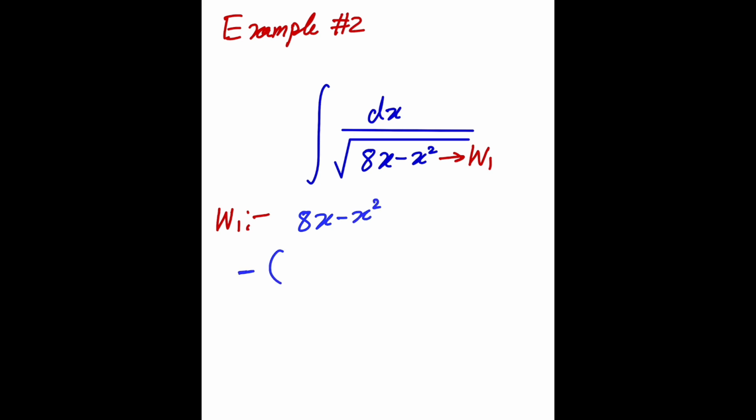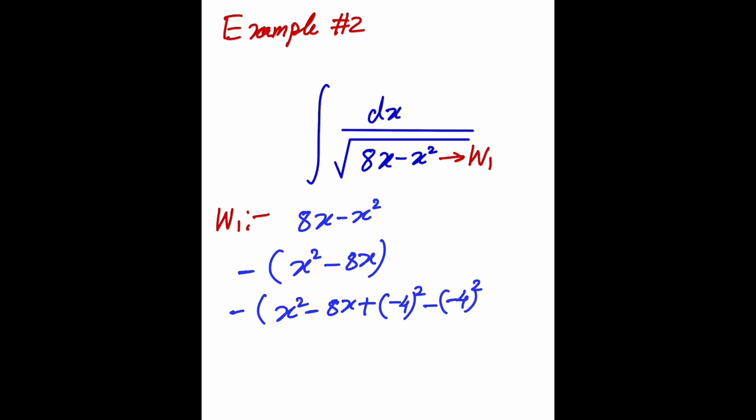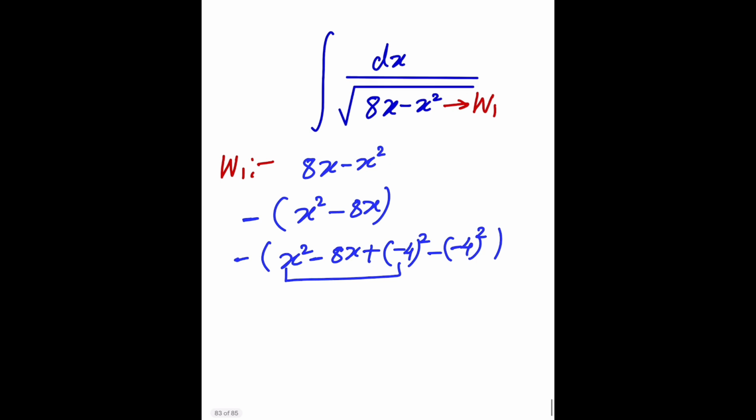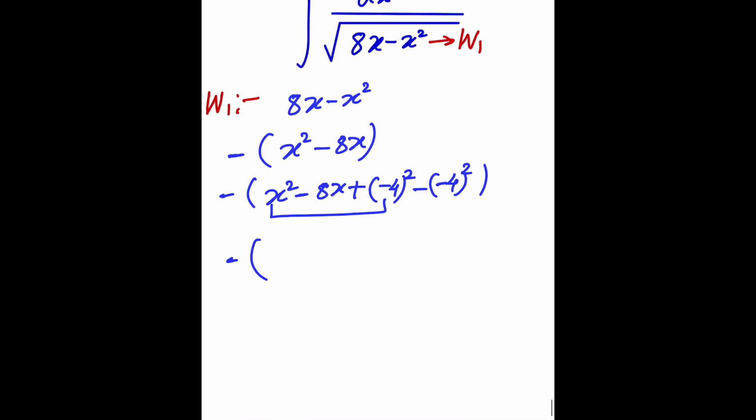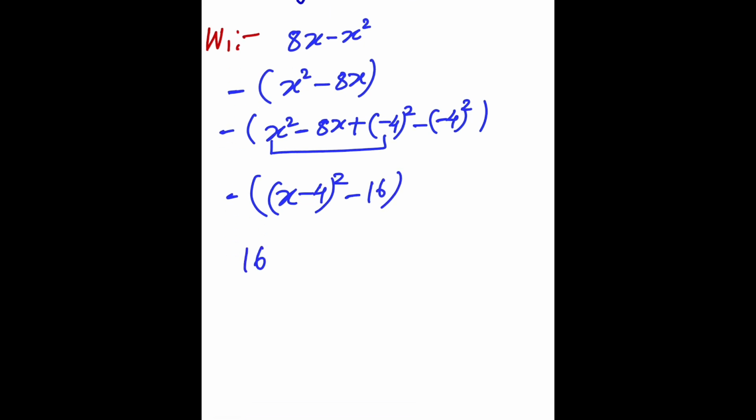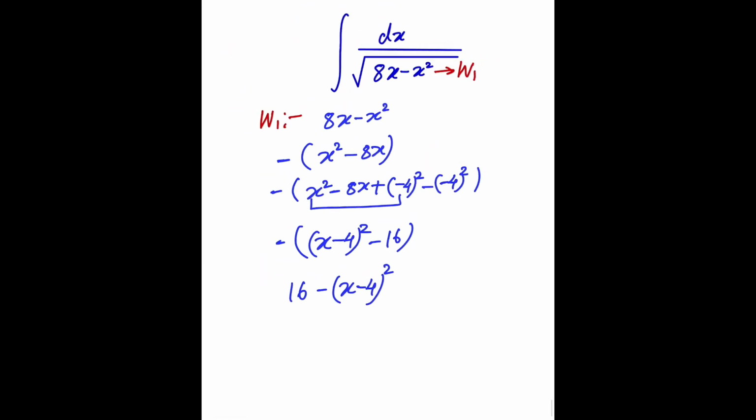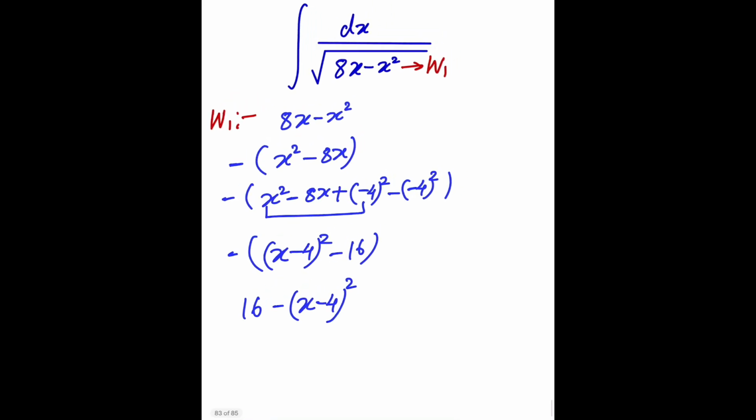Taking negative as common, x squared minus 8x. x squared minus 8x plus 4 squared minus 4 squared. x minus 4 whole squared minus 16. Expanding the bracket, 16 minus (x minus 4) squared. Now we'll be substituting it back into our original expression.